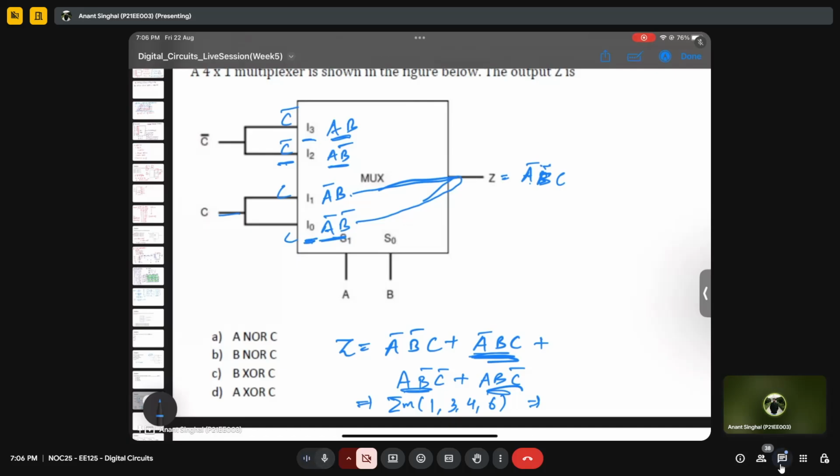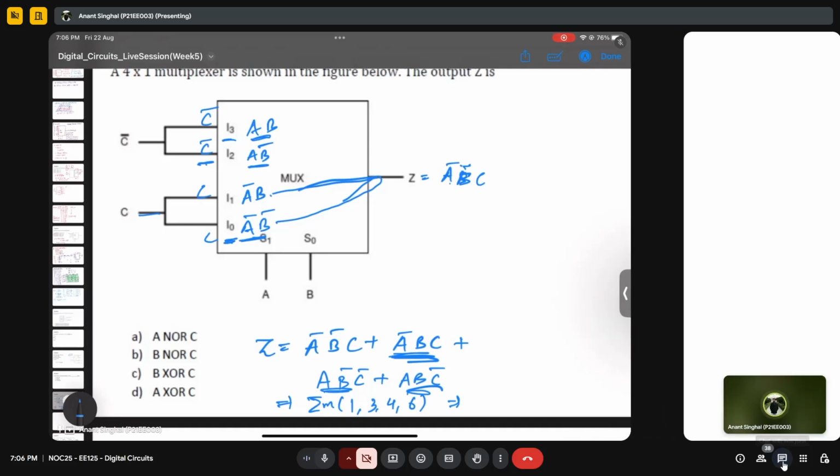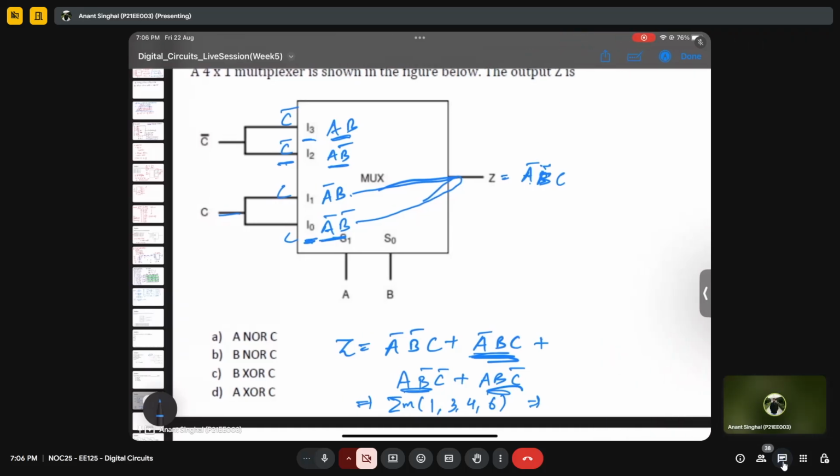The simplification of this is causing A XOR C. Okay, let me check.